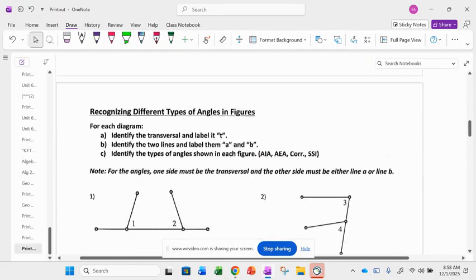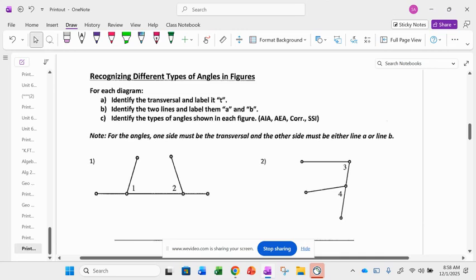All right. So now we're going to try to recognize the different types of angles. So for each diagram, identify the transversal, label it as T. Identify the two lines, label them as A and B, and then state what kinds of angles that we have. So the transversal is always the line that cuts or touches the two other lines.